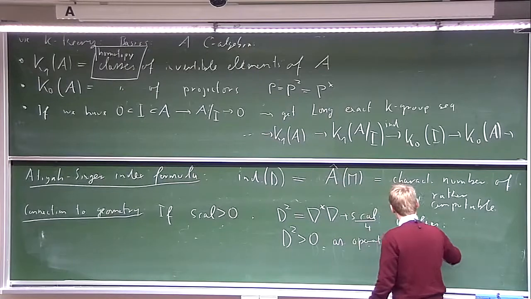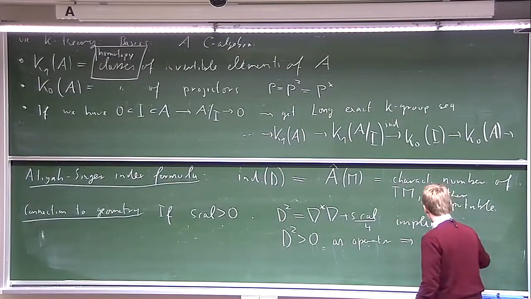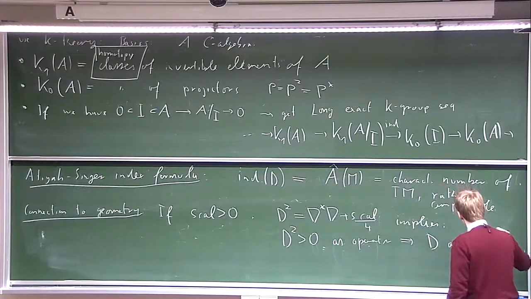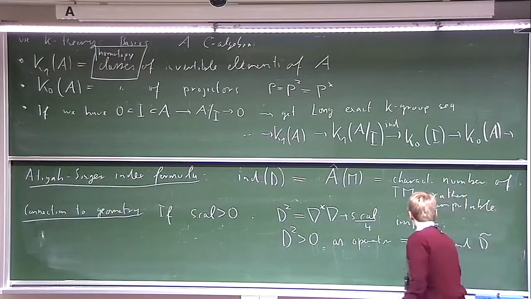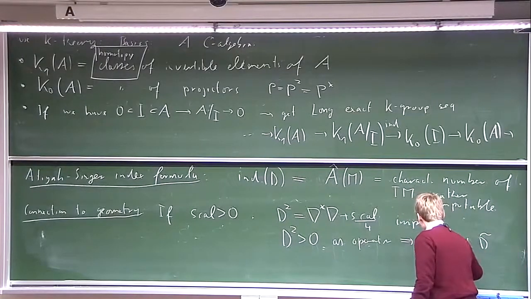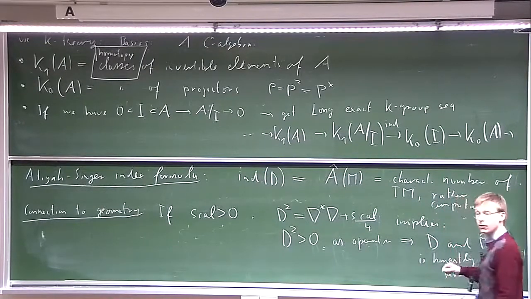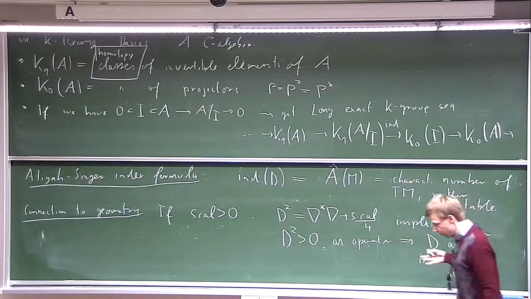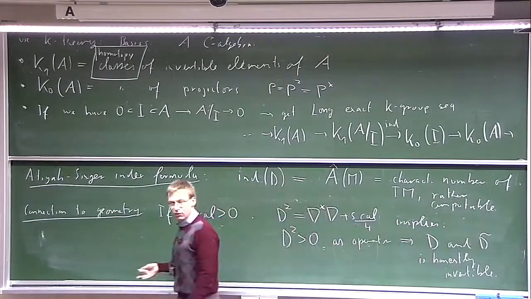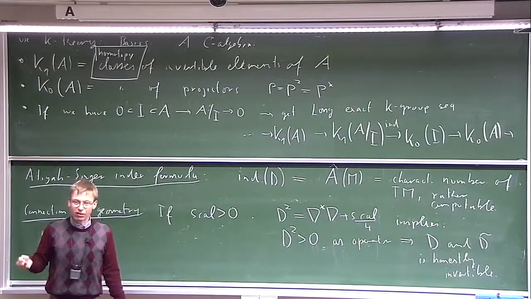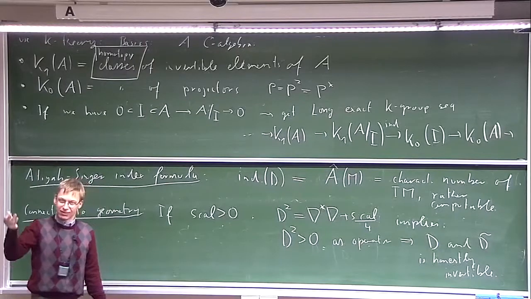And that implies that D itself, and also this thing I produced out of it, is honestly invertible. Okay? If you have a strict positivity of a real number, it means it's invertible. It has a multiplicative inverse.